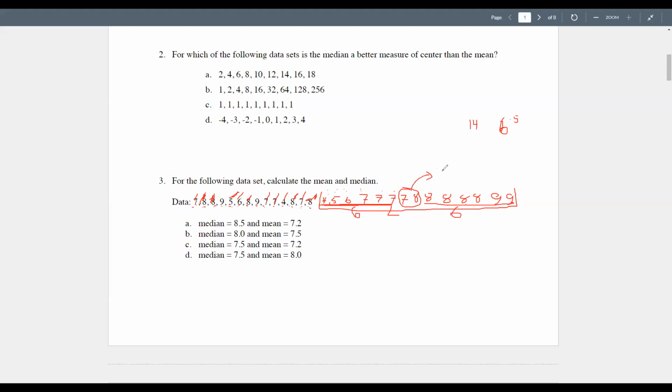If you find the average, that's going to give you 7.5, because it's an even number. 14 is even, so whenever it's even, you have to use the 2 numbers in the middle. If it wasn't even, then you'd find the one in the middle. But right now it's got 2 numbers in the middle, so you add them and divide by 2. That gives you 7.5.